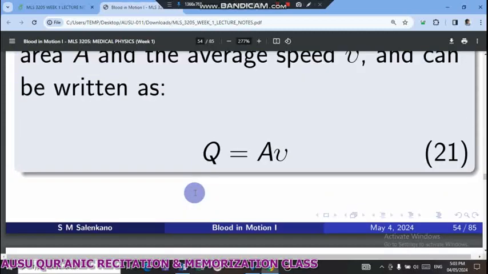Unfortunately, in most cases, I will be given the area of the cylindrical path the liquid flows through, and then the speed of the liquid in that cylinder. So I will simply multiply the two to get my flow rate. So this equation is more frequently used compared to the earlier one.